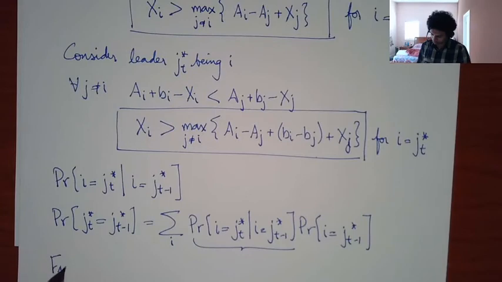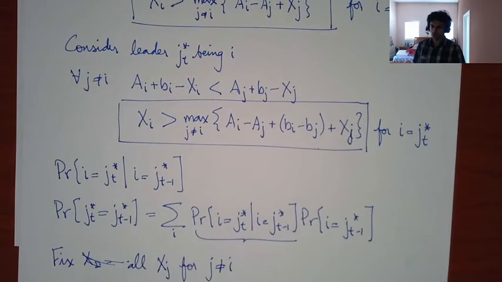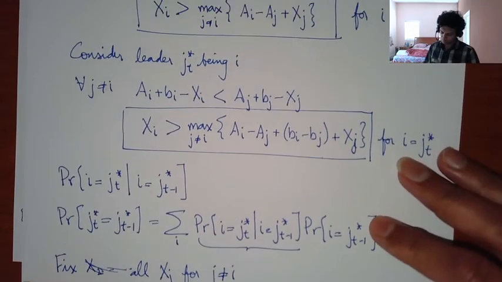So just fix all xj for j not equal to I. You took some choice, fix those choices.